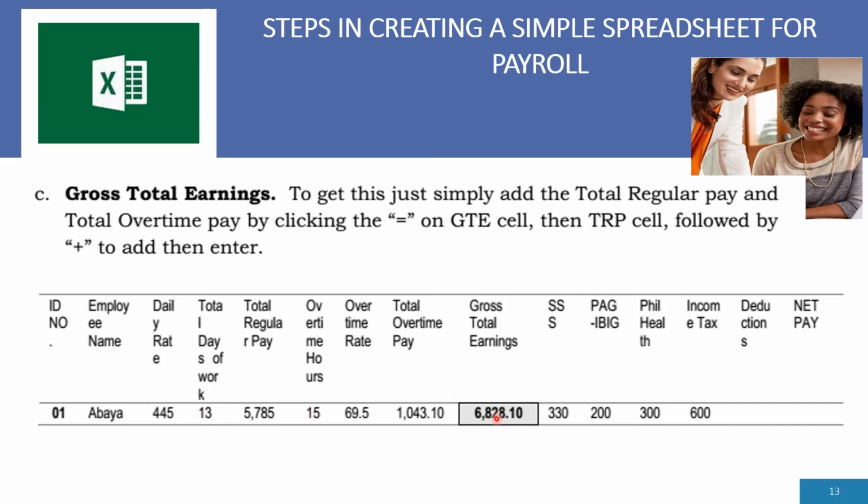If your cursor is already here, you type equals. After that, you click the total regular pay, then type plus sign, then click this, and then press enter.